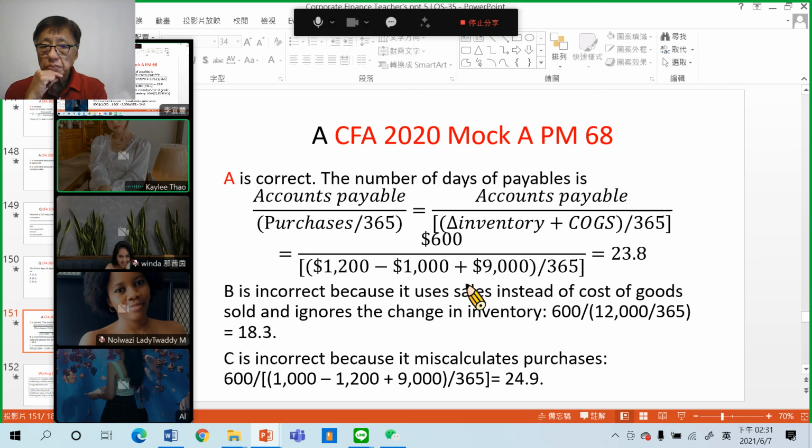To calculate purchases, we find the inventory difference between the two years and add cost of goods sold. So 1,200 minus 1,000 is 200, plus the cost of goods sold of 9,000 is 9,200. Then 600 divided by 9,200 over 365, and we get 23.8. Correct.